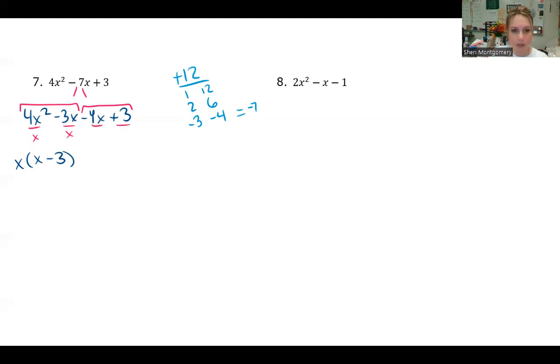I think it's going to happen. I noticed that my signs, if I just pull out a 1, it's supposed to still be in here. So for my second GCF, I can't just pull out a 1. I have to pull out a negative 1.